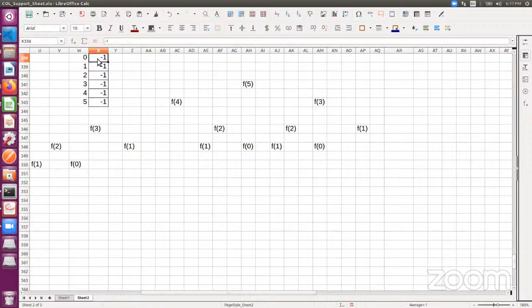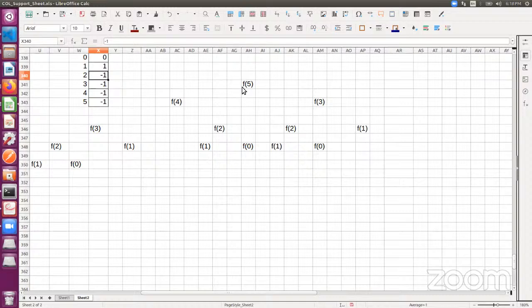And I'll initialize 0 and 1 because we already know f of 0 and f of 1 are known values. Now every time, instead of calculating it newly, it will just refer to the table to check whether it is already present. If it is already present, it will directly take that value and return it to the previous function. If it is not present, then it will proceed to the next recursive calls.